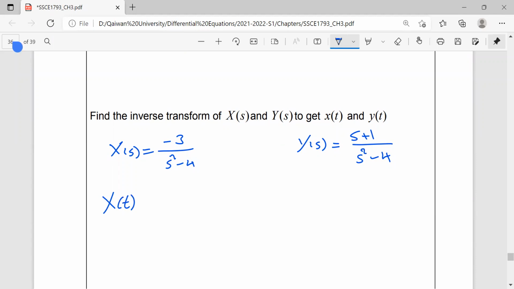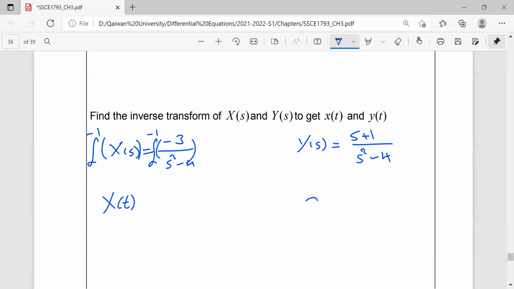The Laplace inverse for the left-hand side becomes x of t. And the Laplace inverse for the right-hand side is minus 3 over s squared minus 4.